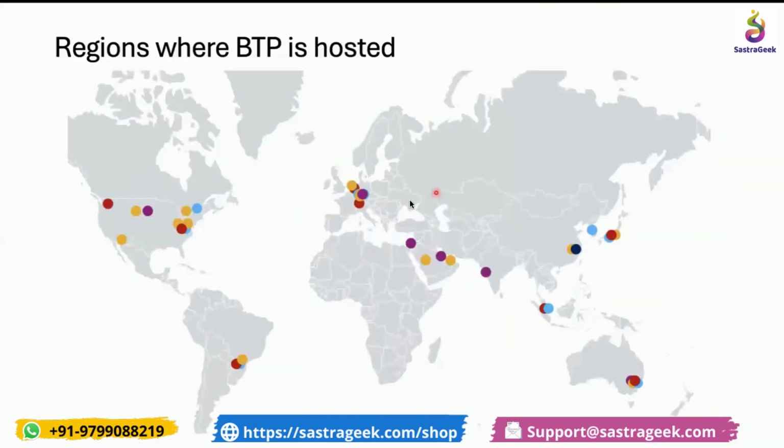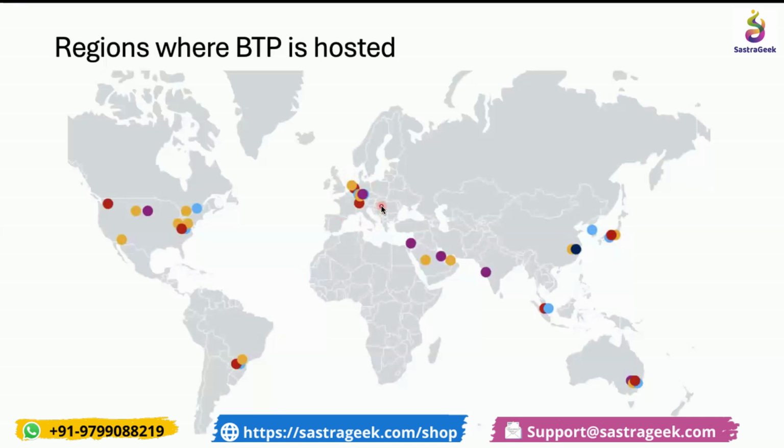And this is a map of where BTP hosts are done. So regions are important for legal purposes, where you want your systems or the data centers to be hosted. In countries like Europe, you always want your data to be clustered within Europe. You don't want your data to be moving out, say to India or Brazil. You don't want data to move out.